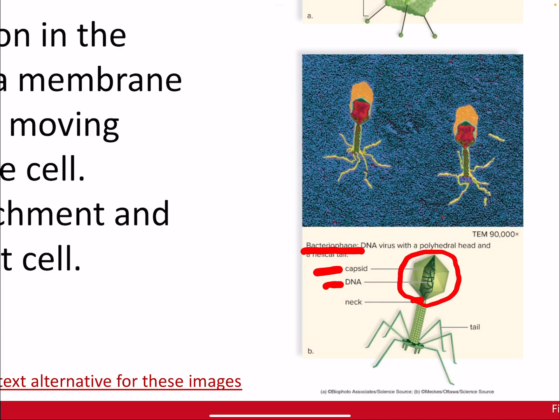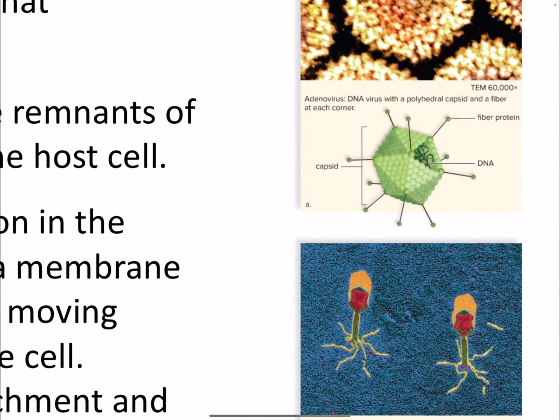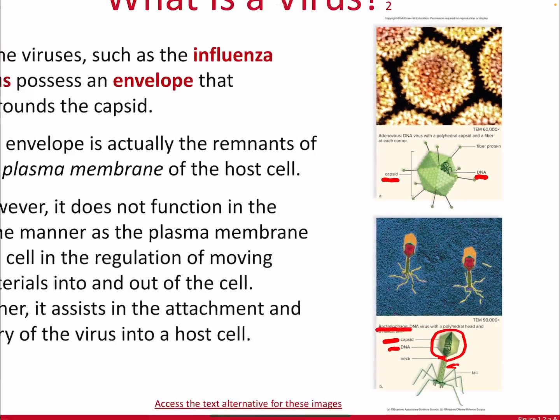Bacteriophages typically have a neck made of these little proteins and tails in which they can attach to the bacteria in order to inject their material. This is an adenovirus. It has a capsid surrounding the genetic material, and then you have these little spikes or little protein fibers sticking off of them.